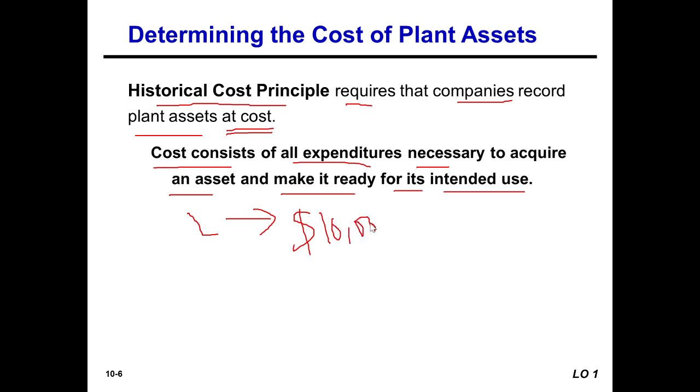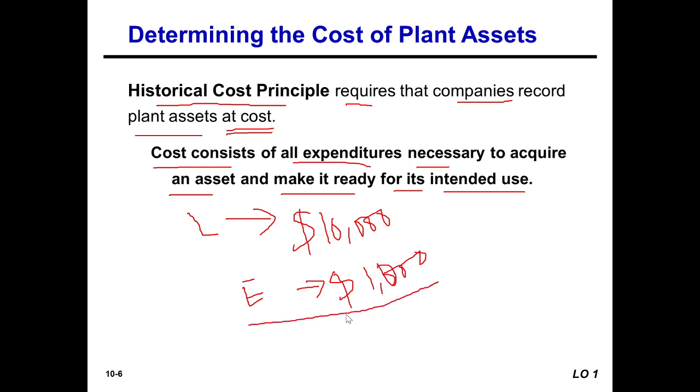We have purchased this land for a $10,000 amount. Here we call this the historical cost. Or equipment, suppose we have purchased equipment for $1,000. This $1,000 we call the historical cost.